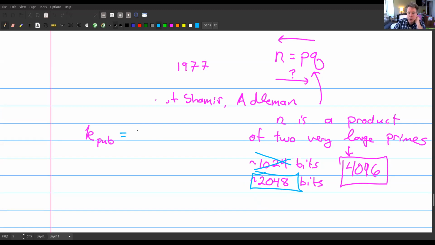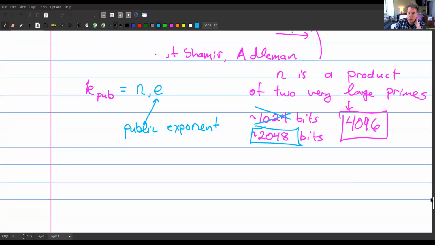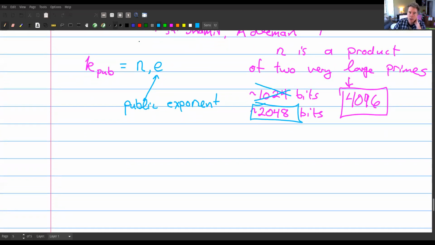So the public information here is n, and it's also this number e. This number e is called the public exponent. Everybody gets to see this. That may seem mysterious right now, but it's very non-mysterious because it's usually one of several different values.